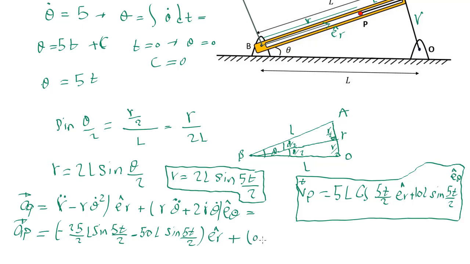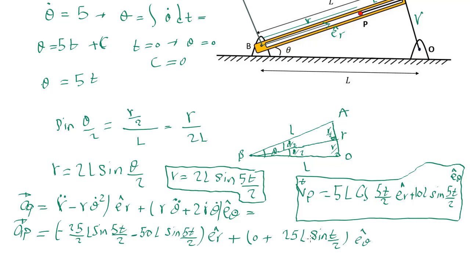So plus 0 plus 2 R dot theta dot. So R dot, the derivative of this term, is going to be 5L cosine 5t over 2 and times theta dot, which is equal to 5. So that is going to be 25L sine t over 2 in the E theta direction.